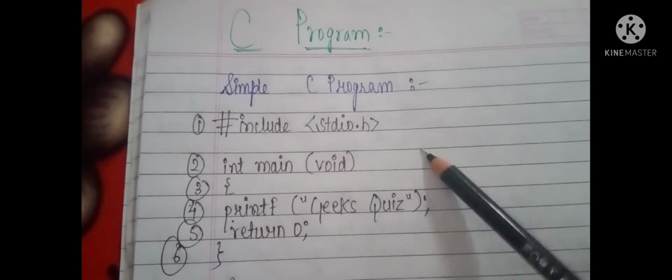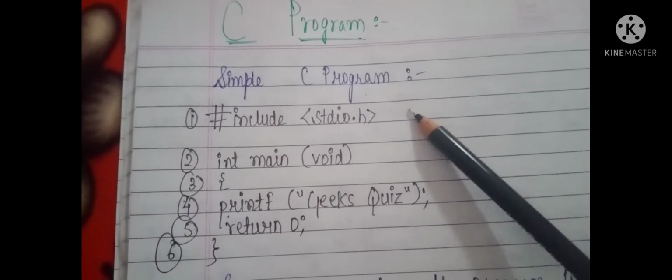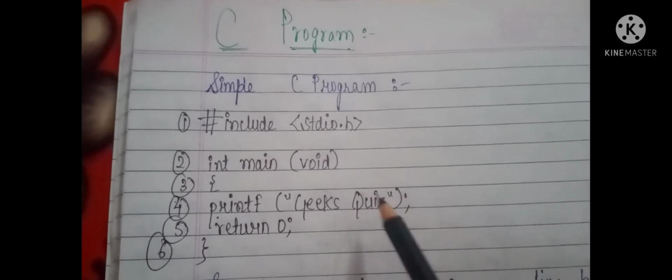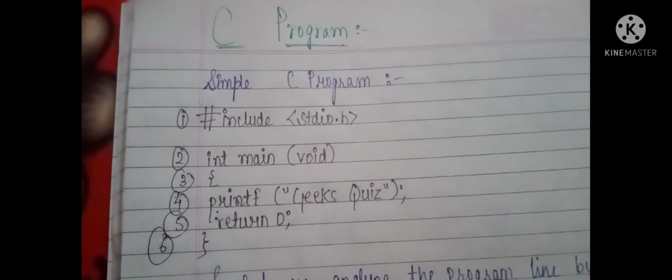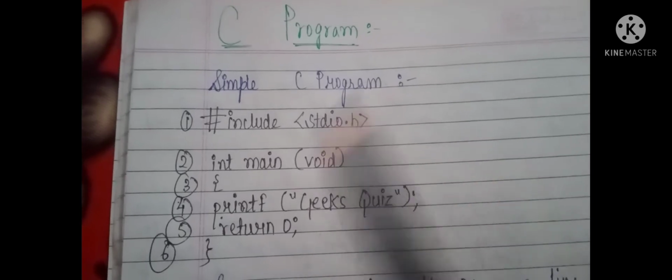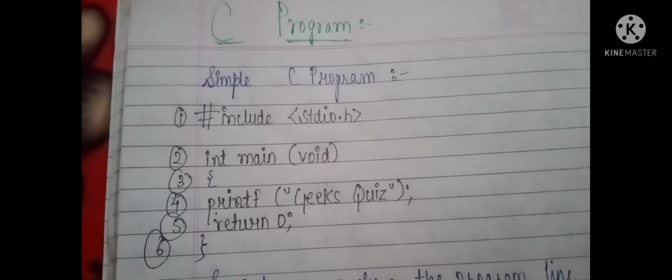This is a simple C program where we have to print geeks quiz. So let's move forward with the explanation of this whole program in detail. We'll analyze this whole program line by line.